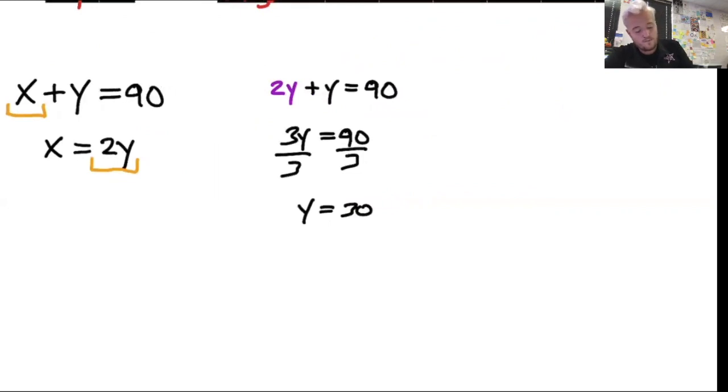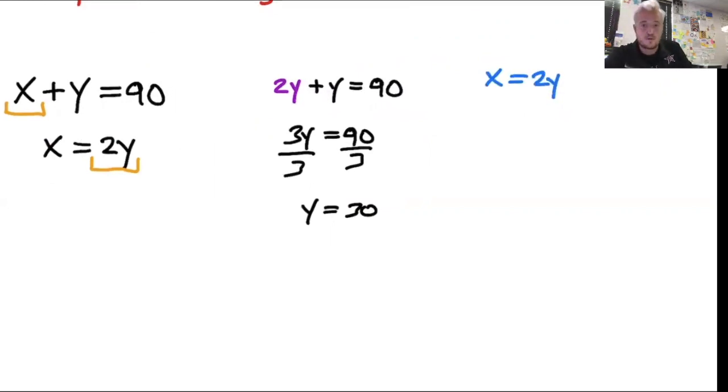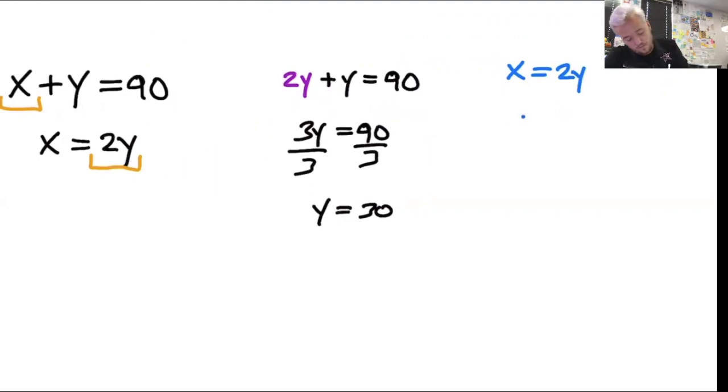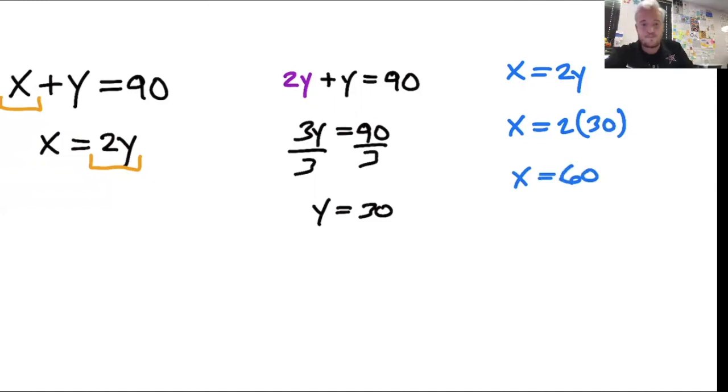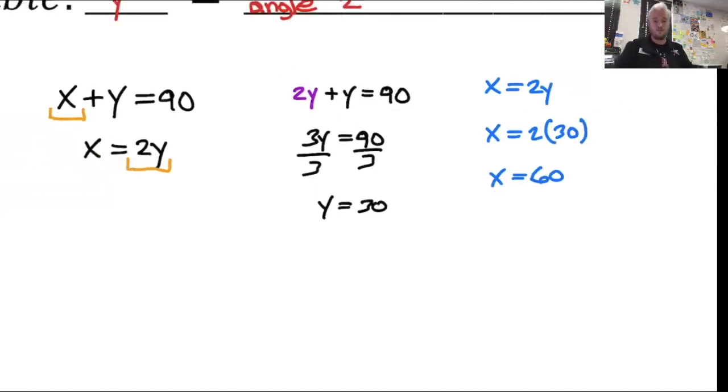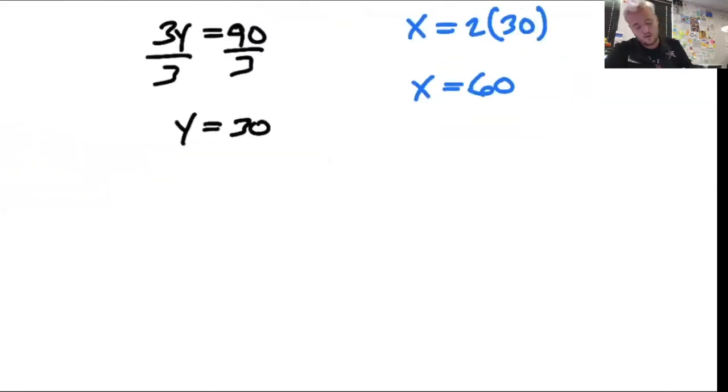So now I'm going to use this equation, x equals 2y, and I'm going to use my y value to sub it in. So x equals 2 times 30, which means x is equal to 60. So our two angle measures that we have are 60 and 30.